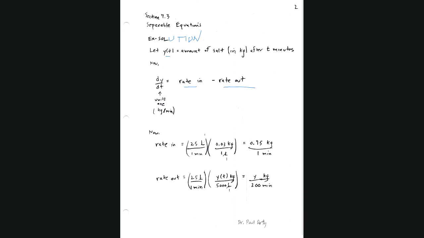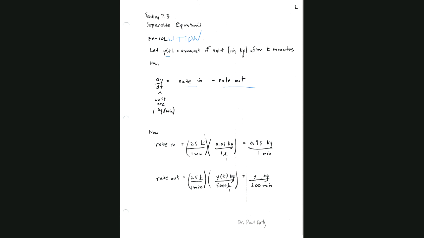So to determine the rate in, we take the concentration of salt in this brine solution, 0.03 kilograms per liter, and multiply it by the rate at which the brine is entering the tank, 25 liters per minute.